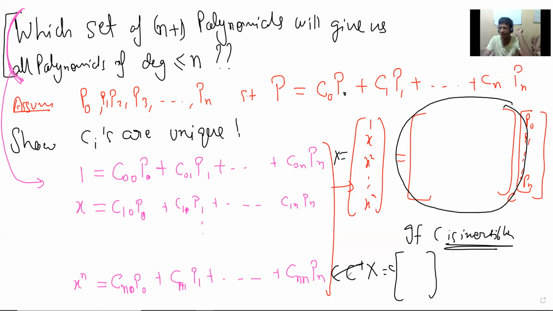So whenever you have an invertible matrix and you multiply it with these, then whatever polynomials you get, those polynomials will give you everything.